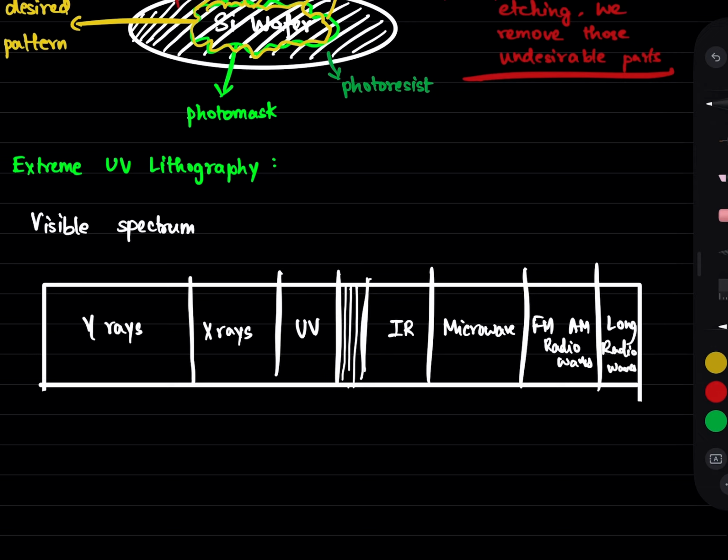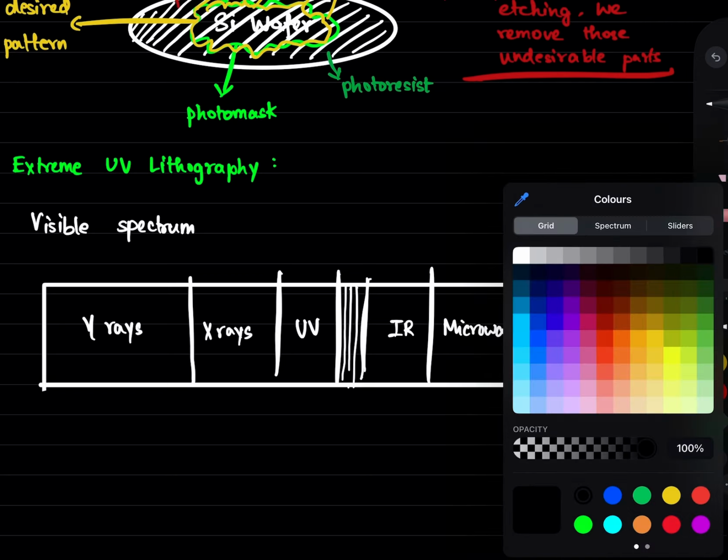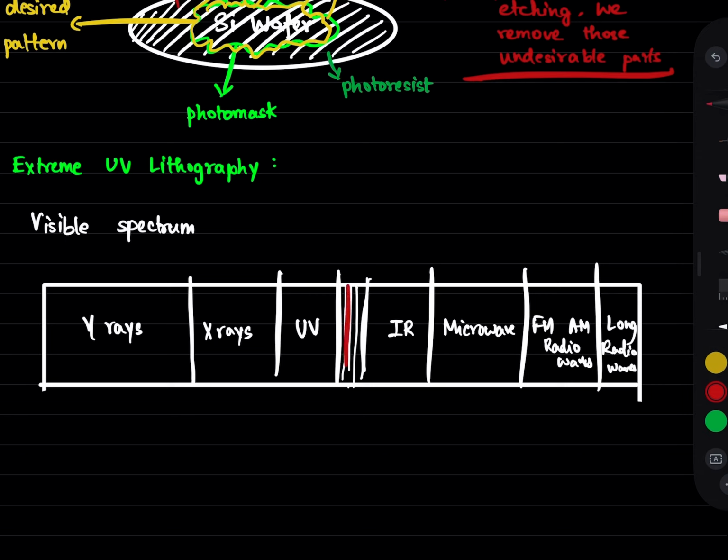So the visible spectrum lies here, all whatever we see. I'm not going to draw it very specifically. This is the visible spectrum, and as you can see, this is the UV area which we are interested in.